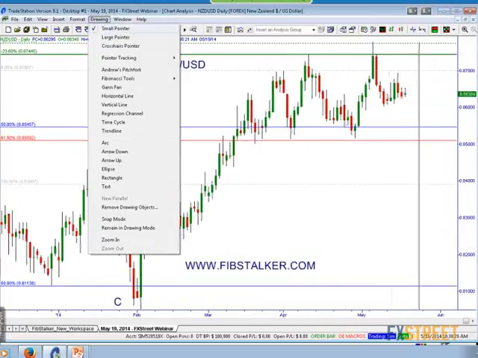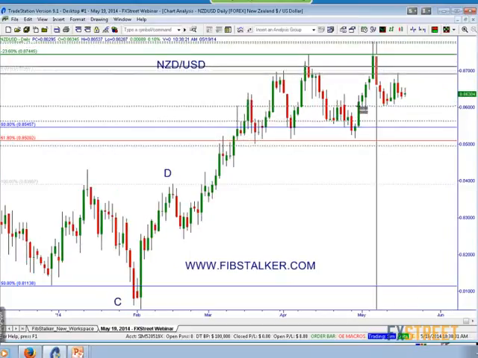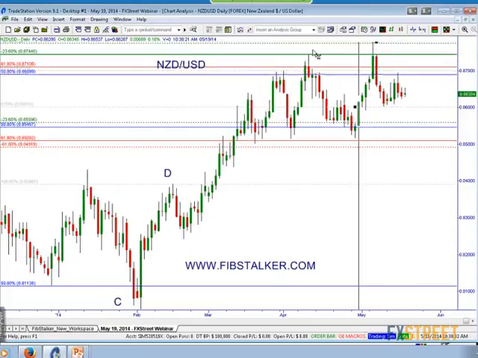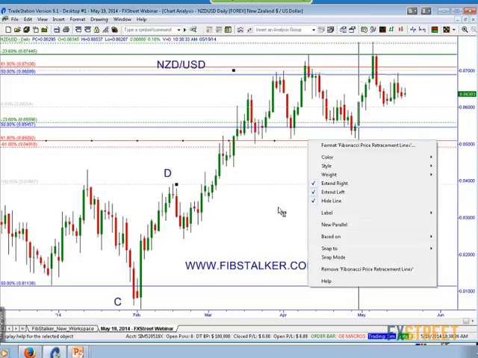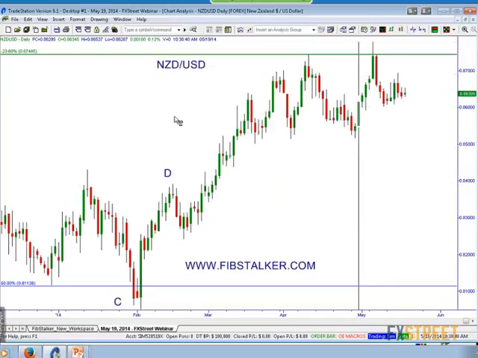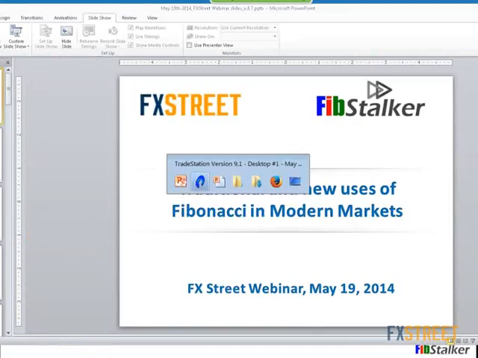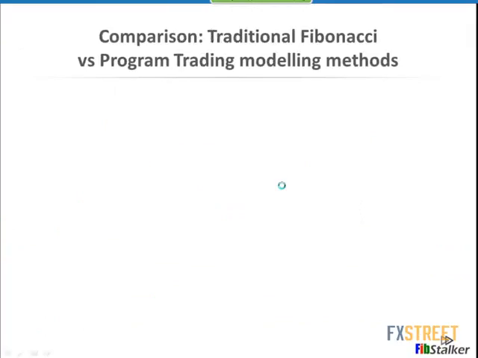And what happens after that? We are seeing on the smaller time frame a measured move lower, as you can see here. The market is participating at this level. So I hope this gives you a perspective on the way Fibonacci can be used to actually trade the markets.